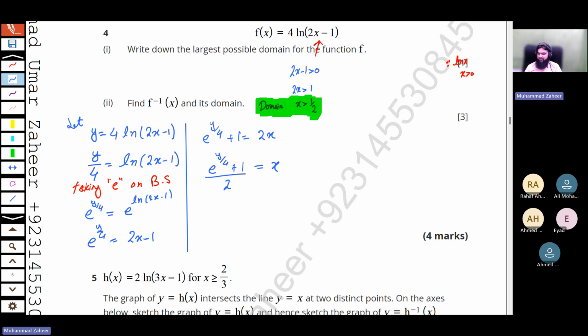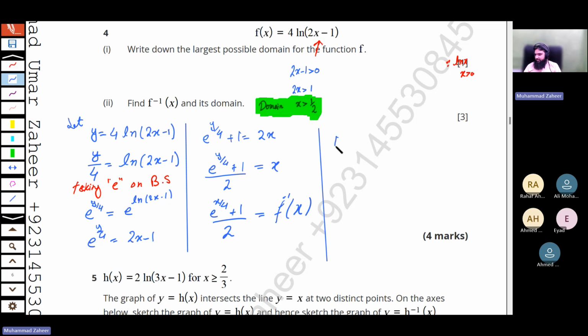Now we have to replace y with x and x with the inverse function, f inverse of x. Any questions? Clear.